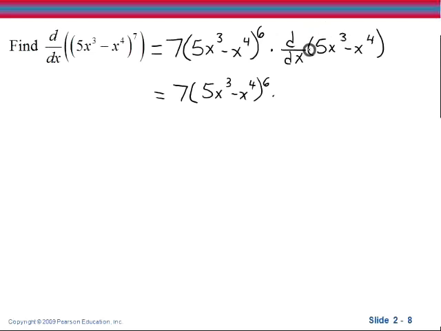So I bring my 3 as a coefficient. 3 times 5 is 15. Subtract 1 from my exponent, so it's 15x squared, minus, bring my 4 to the front as a coefficient, subtract 1 from my exponent, and that will be x cubed. Now we can simplify this, maybe distribute the 7 through to the last parentheses, or we could just leave it in this form.